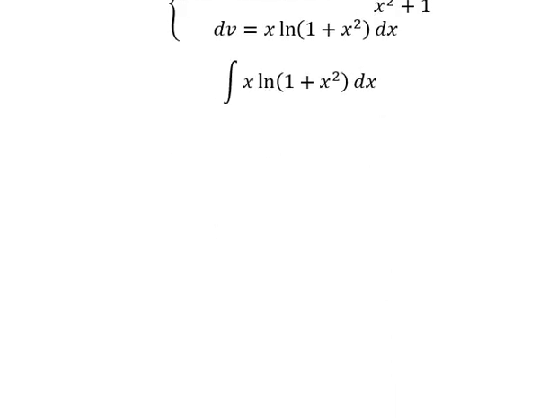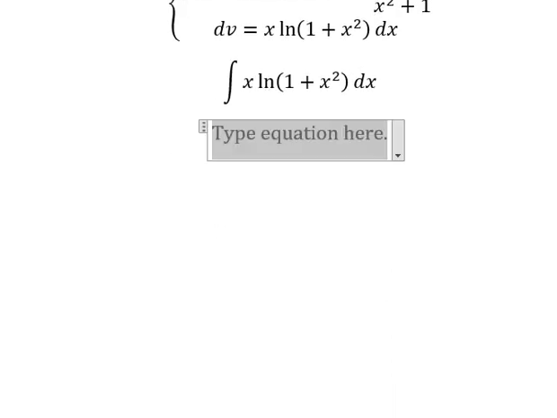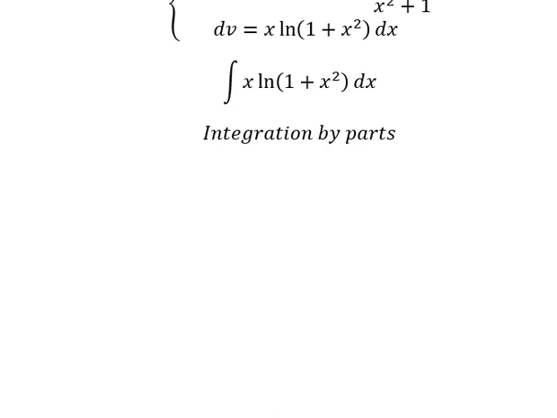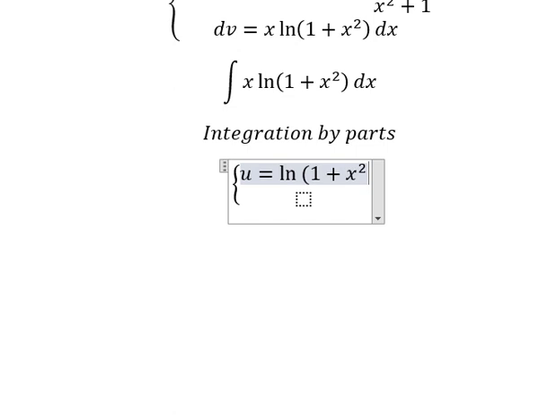So for this one, we can use integration by parts. I will put u equals ln of 1 plus s squared.